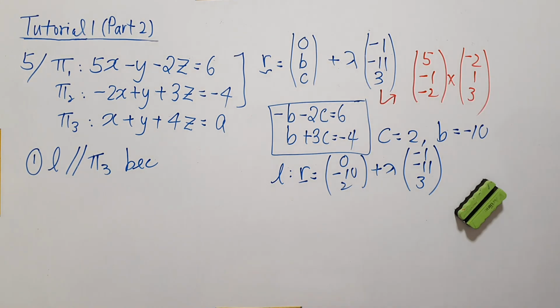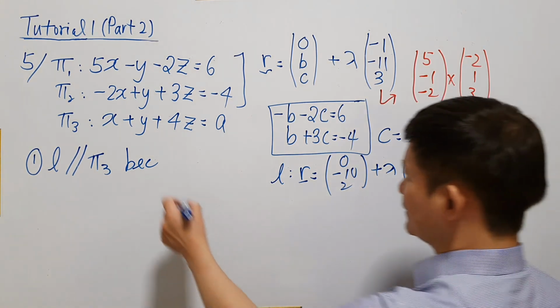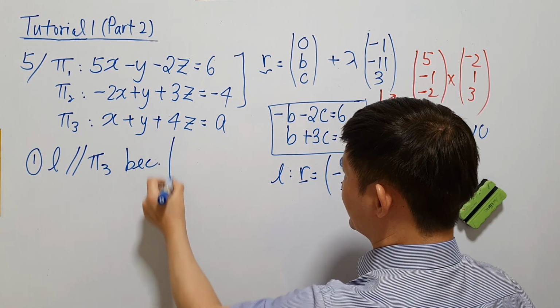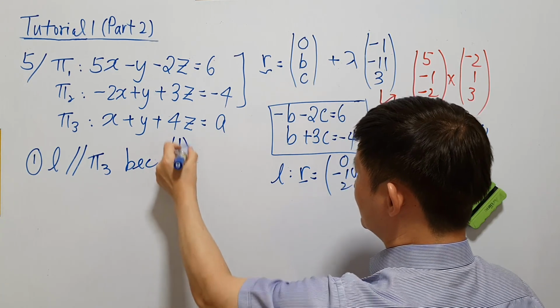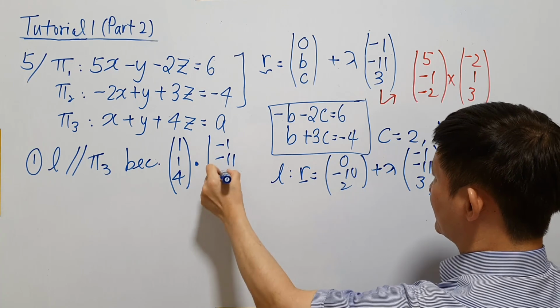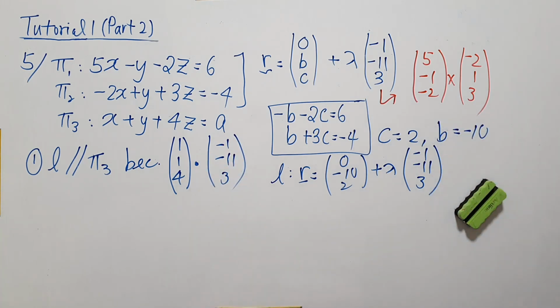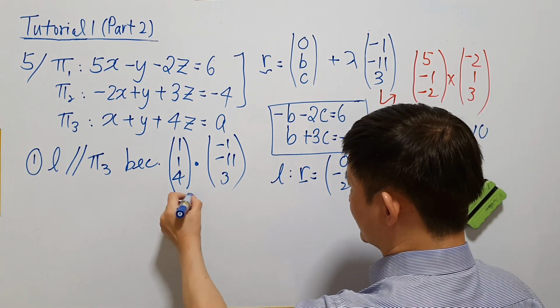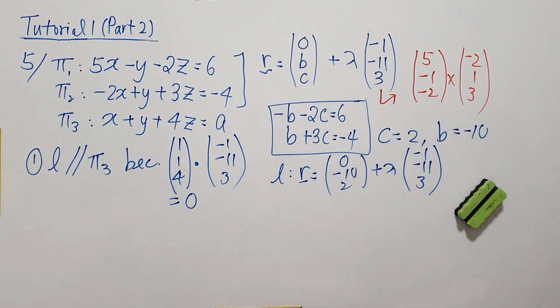I always do this. This is 1, 1, 4 dot with minus 1, minus 11, 3. Let's check. This is going to be 0. Okay, so therefore in this case we know that the line L is parallel to the plane pi 3.